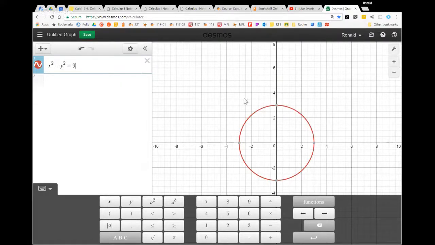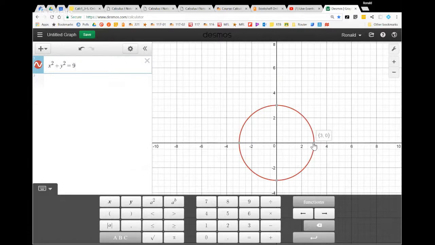So there's our graph, and what we did is we found the slope of the tangent line at (0, 3), and sure enough, it's horizontal, so it's 0. Okay. If we had done (3, 0), we'd have had what? A vertical line which has no slope, so an undefined slope for that one.